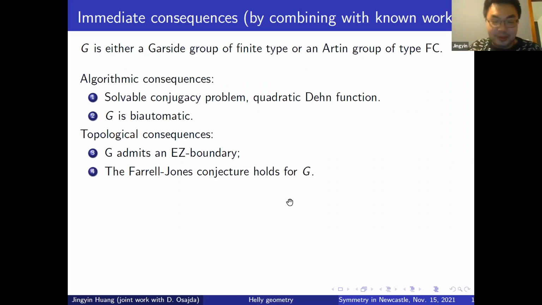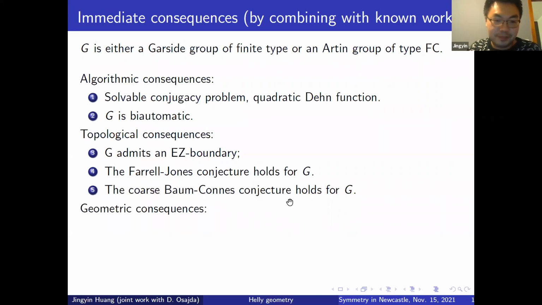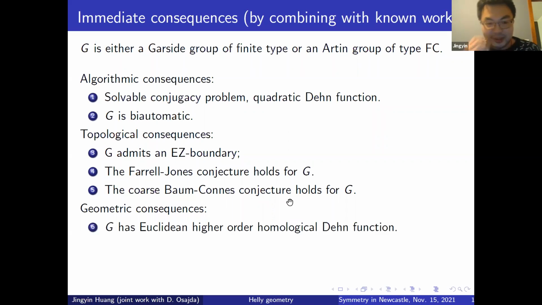We also have the Farrell-Jones conjecture and the corresponding conjecture holds for these groups. And there are also some geometric consequences: you can deduce that the higher order homological Dehn function behaves like what you see in Euclidean space, and it has a Tits boundary.